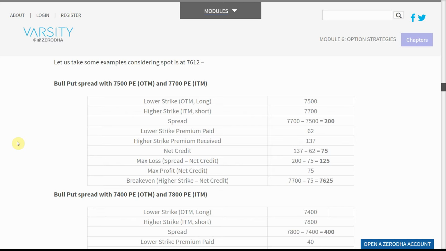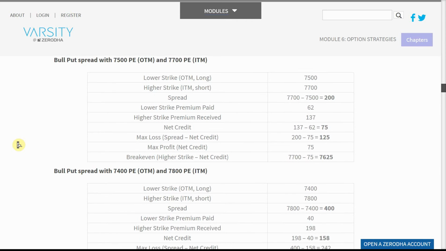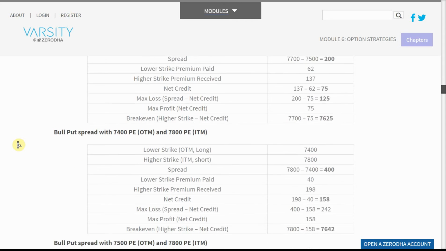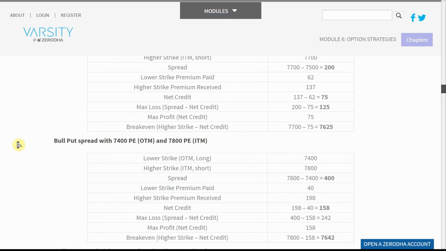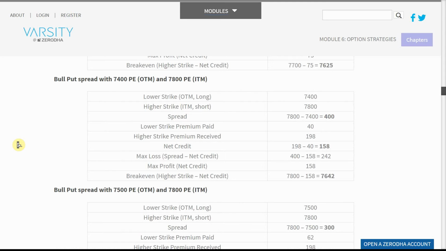7,700 - 75 equals 7,625. Bull put spread with 7,400 PE OTM and 7,800 PE ITM. Lower strike OTM: long 7,400. Higher strike ITM: short 7,800. Spread: 7,800 - 7,400 equals 400. Lower strike premium paid 40.